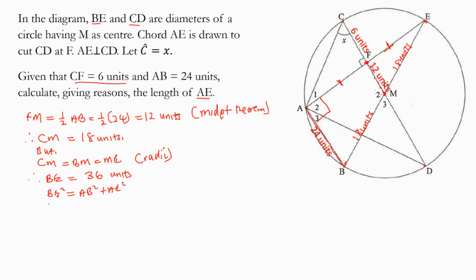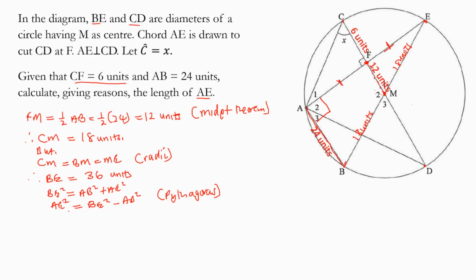We can skip this step and say AE, that's what we want to find, is equal to the square root of BE squared minus AB squared, and the reason is Pythagoras theorem.